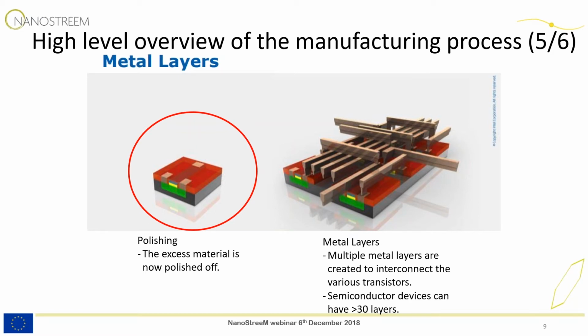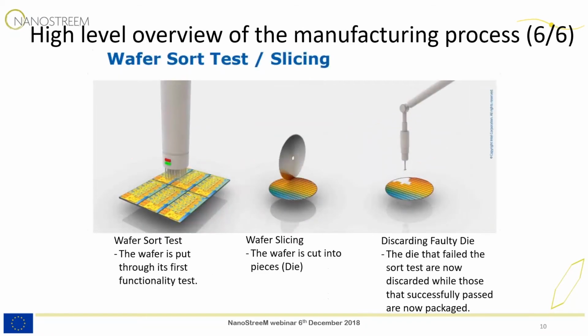Okay, so now we're coming towards the end of the life of a wafer, as you call it, because after these wafers are tested in what we call sort, effectively at that point, the wafer itself is cut up into the individual die. So these are the individual pieces that ultimately become the semiconductor device that you're familiar with.